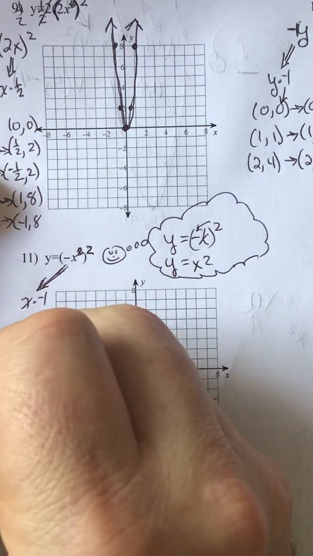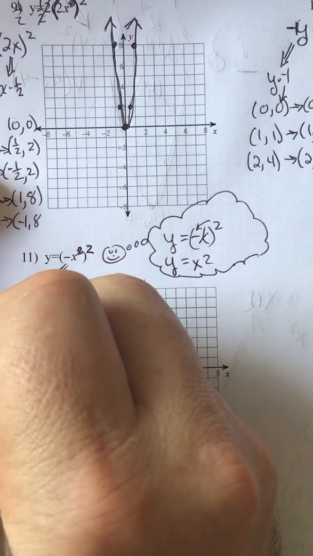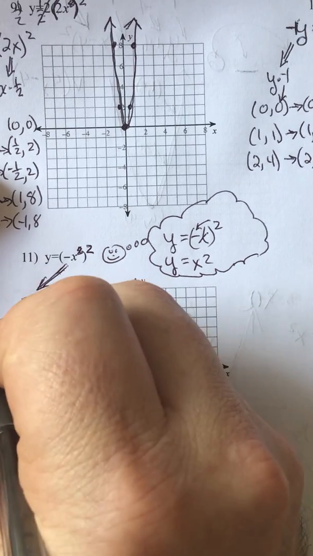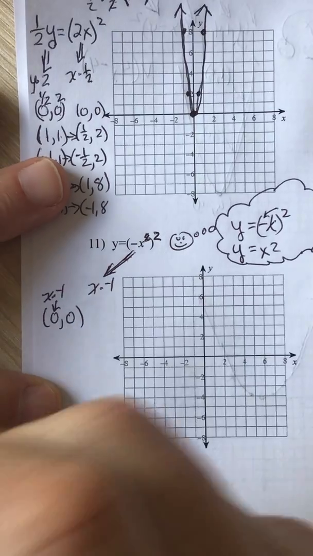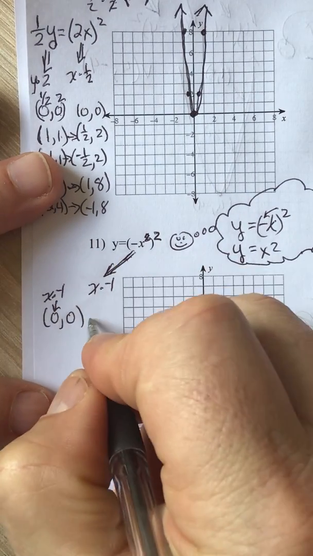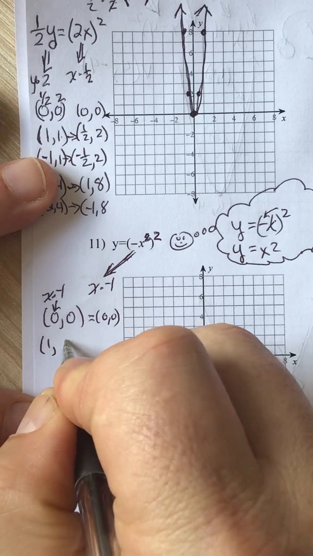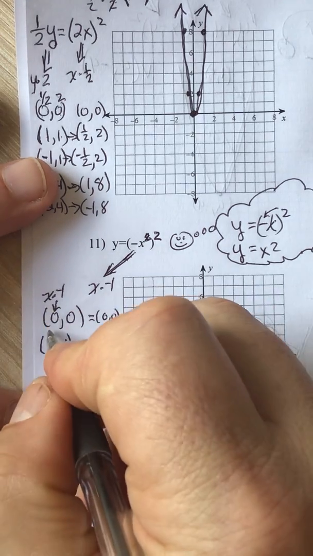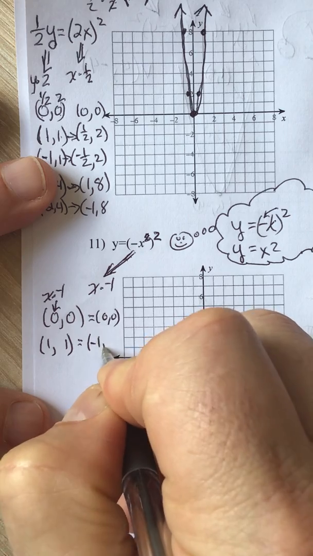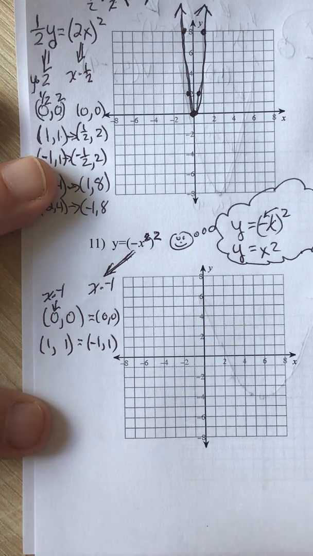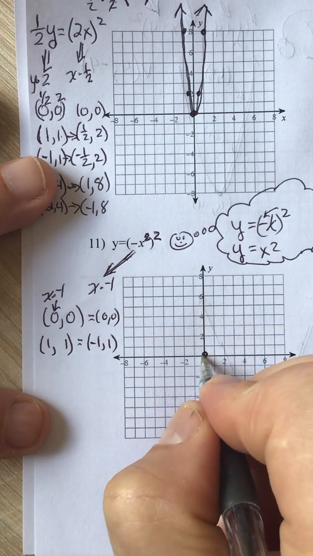Well, let's take a look at that. Does that do anything? All of the x's are multiplied by -1. So all of these numbers are multiplied by -1. So 0, 0. But 1, 1, that's going to make this a -1, 1. So it is actually changing it. 0, 0 is fine.